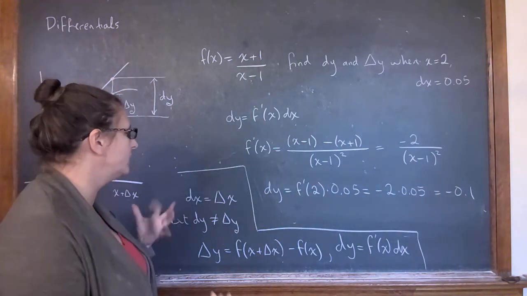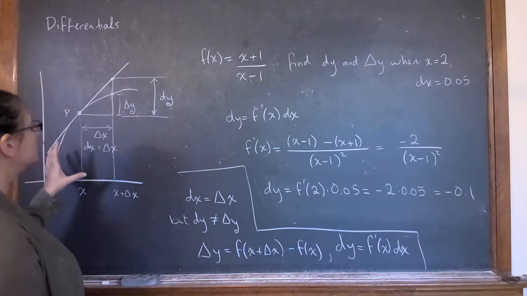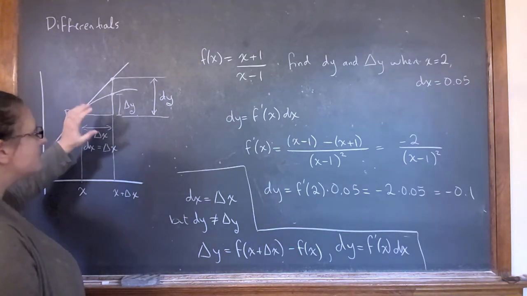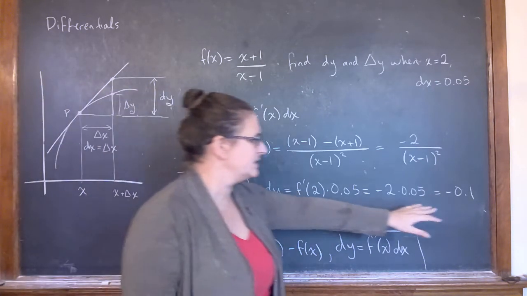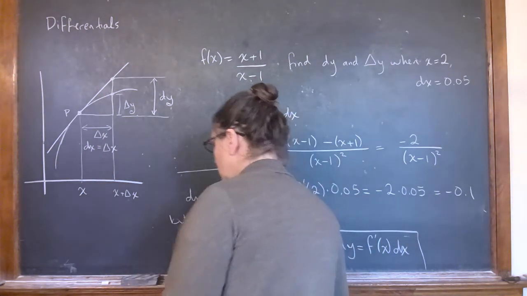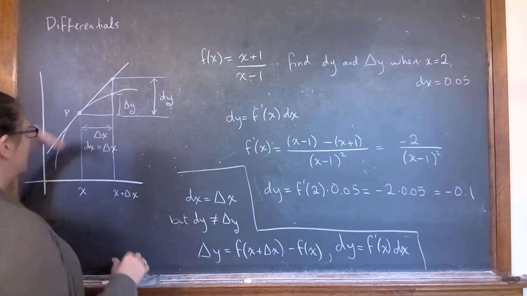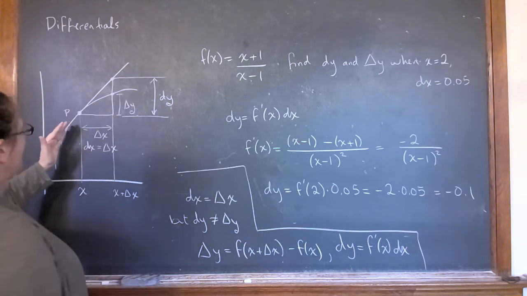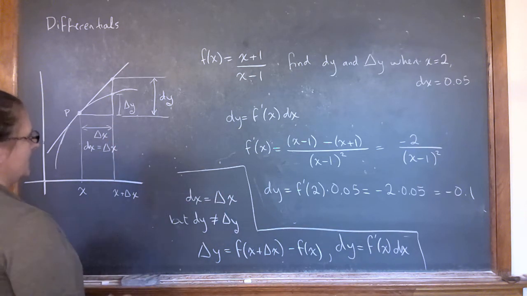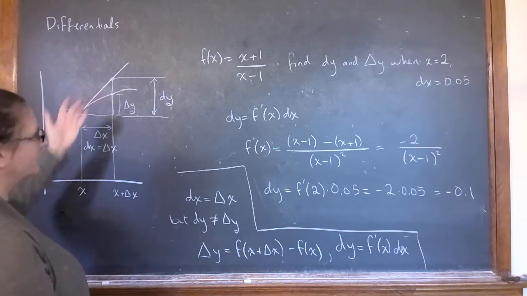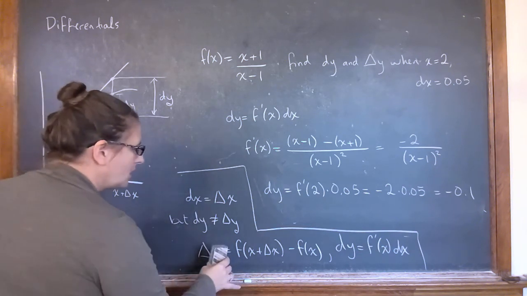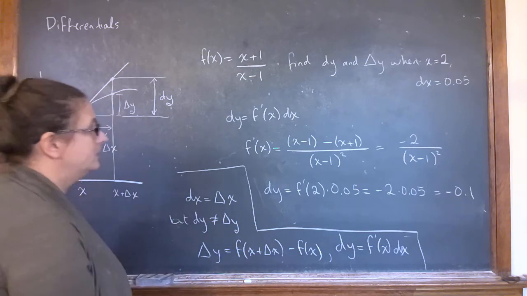If I drew a picture, it would be similar to this, but it wouldn't be the same because this is negative. So the picture must be going down. Whereas I drew this going up, you can draw the same picture with the function going down. I should have drawn a picture, but we didn't. So that's dy. Now what about delta y?